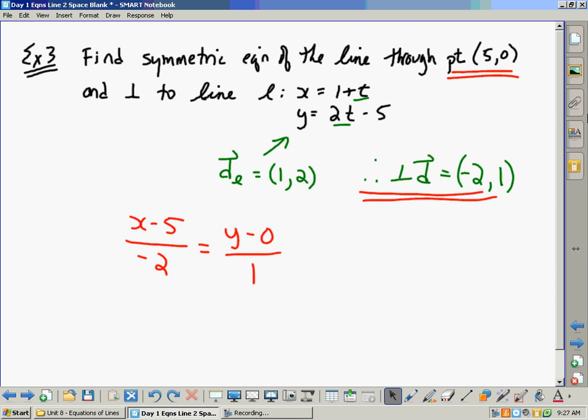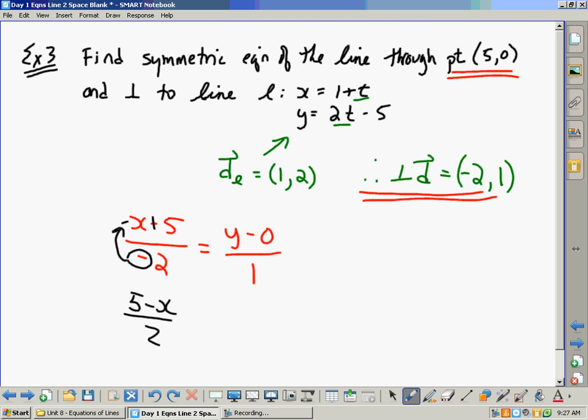So we're going to do sort of the opposite of what we did in the other question. This is the form we need it to be in to get all the information, but when we write it in the form that we like, we'd like this negative to go on top. If the negative goes on top, this becomes negative, and this becomes positive, which allows me to switch the order. So then it goes 5 minus x over 2.